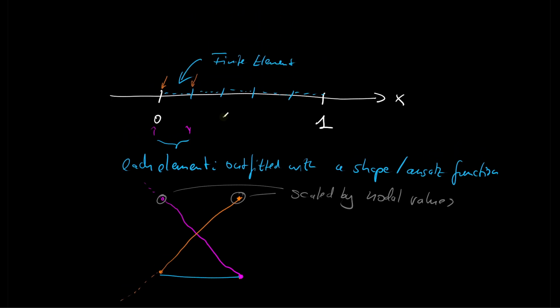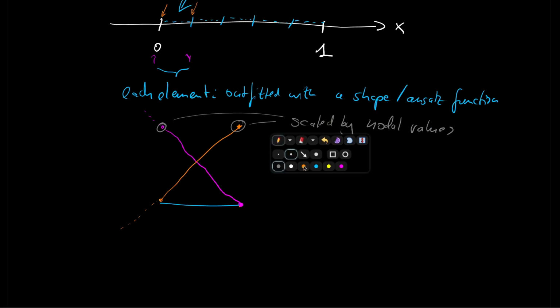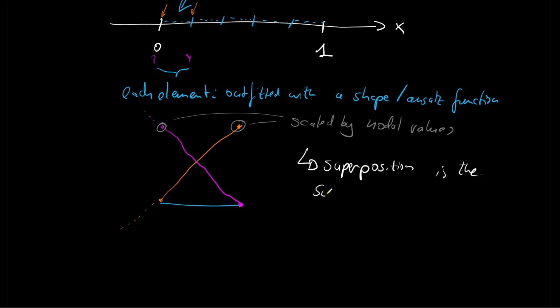And in the end, when we then have an Ansatz function or a shape function in each of the finite elements, the superposition of the shape functions inside the finite elements and then stitching together the solutions again will give us an approximative solution to our partial differential equation. So we can say that the superposition of our Ansatz or shape functions is going to be the solution in a domain. So the superposition is the solution in the domain.